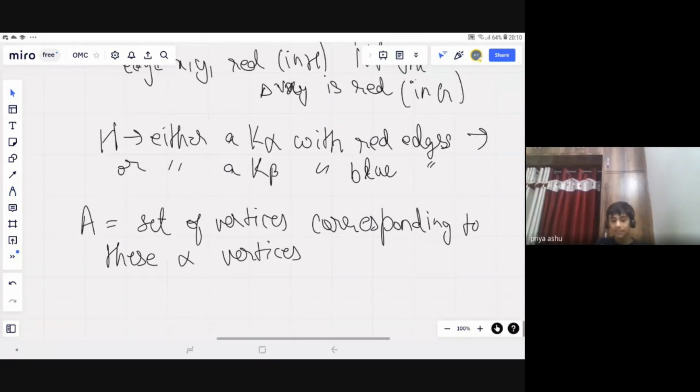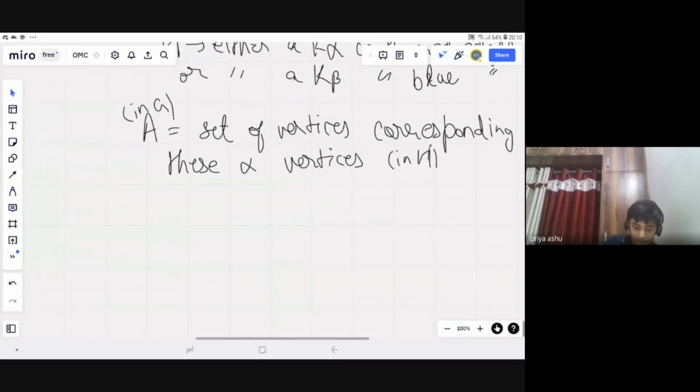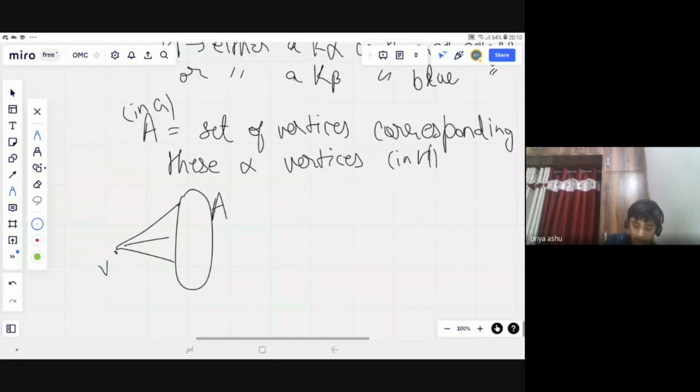So A is the set of vertices corresponding to these alpha vertices. A is in G, and these alpha vertices were in H. So we have V and we have A, which is of size alpha.